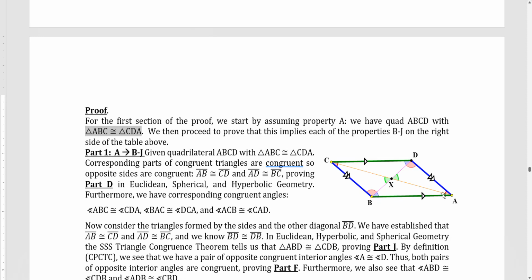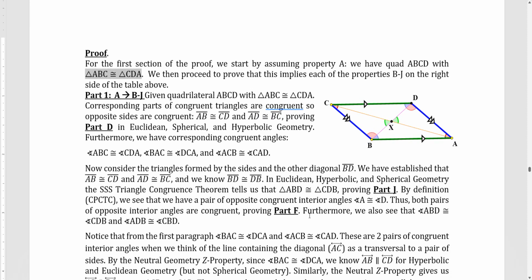Let's see, BAC is congruent to DCA, this one right here, the little one at A, and this little one up here at C. And then we also have a corresponding one here. ACB is congruent to CAD, right? So this angle up here is congruent to the one here.